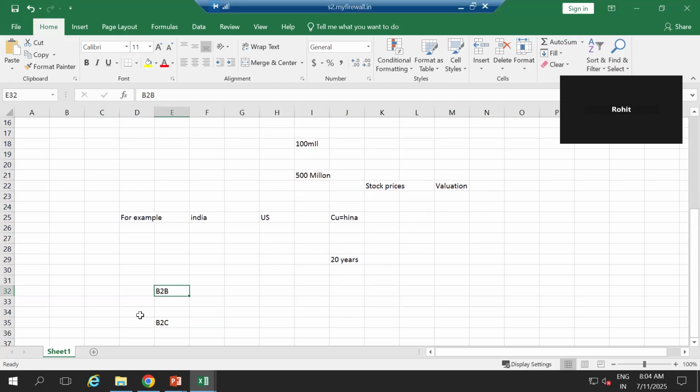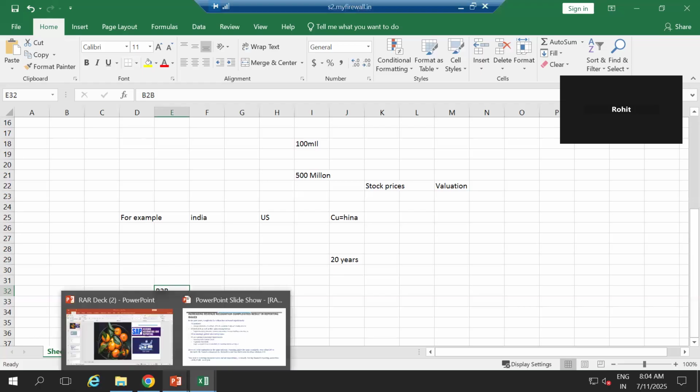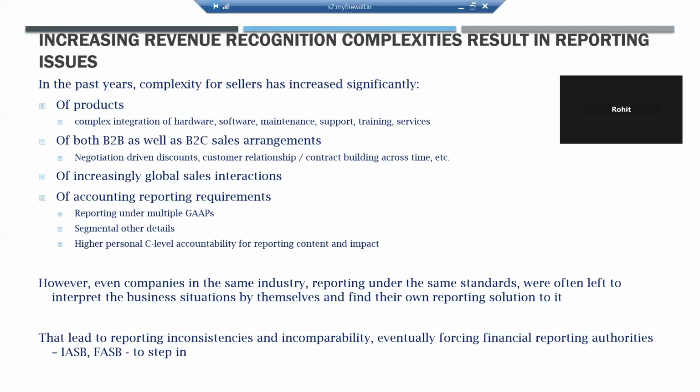But all these things are happening. So that is why there is a need for a new revenue accounting standard, because of the way we are dealing with business, because of the number of issues coming up on revenue recognition, because of the changes happening in business. Okay. So the same thing we discussed here.